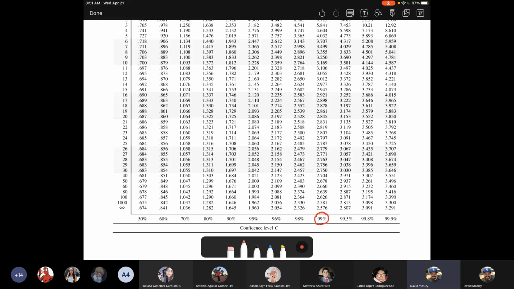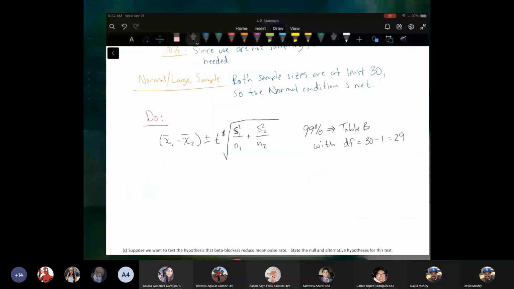And we go to 29 degrees of freedom, right? And we follow this over. And we intersect at 2.756. Okay. So on table B, we can see that that's going to be the T star value, right? That is T star. So we use 2.756 for T star.